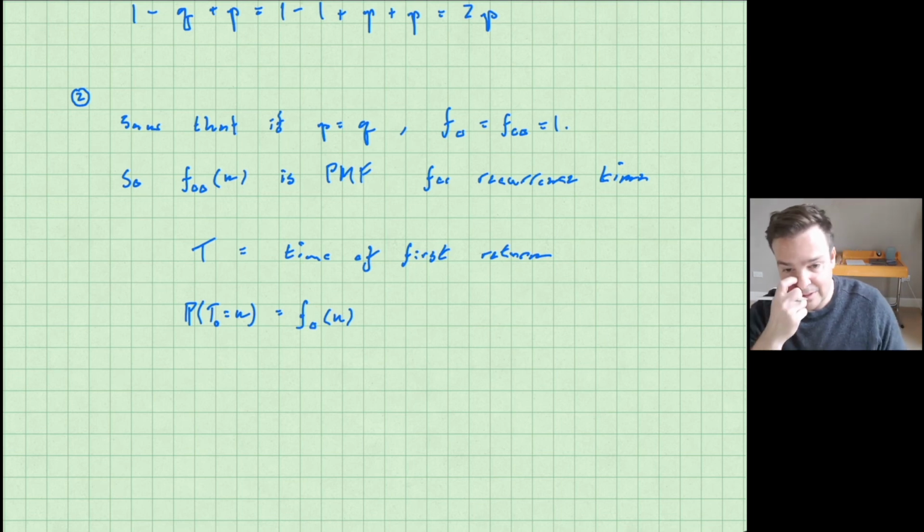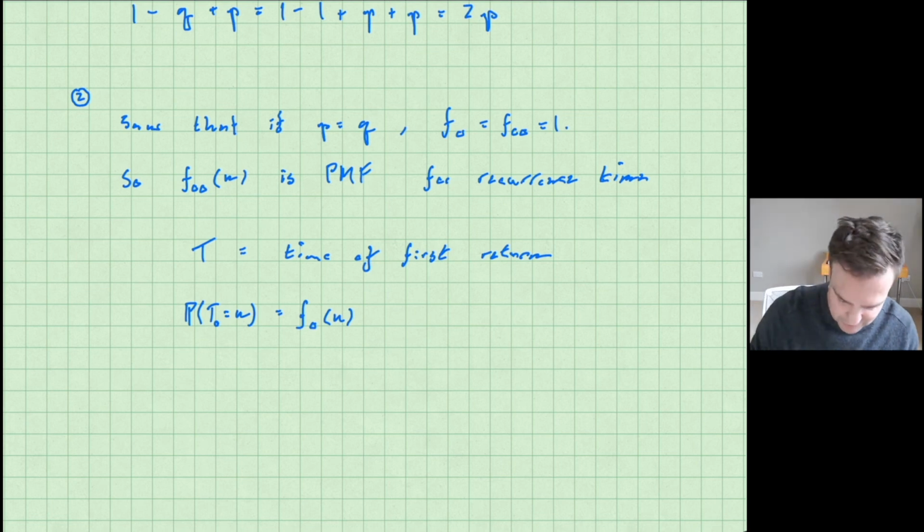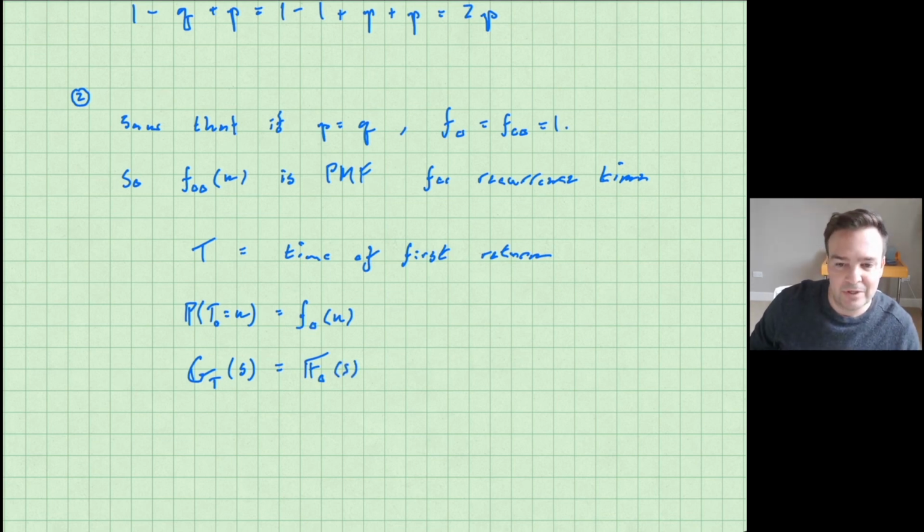Then we could make a generating function for this quantity. It's a random variable. Its probability generating function, I should say, is this, which we've just spent time working out. And so we'll write that out.